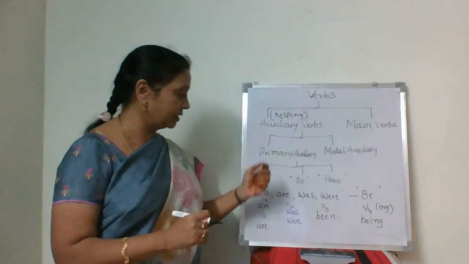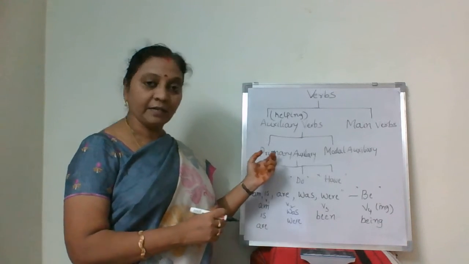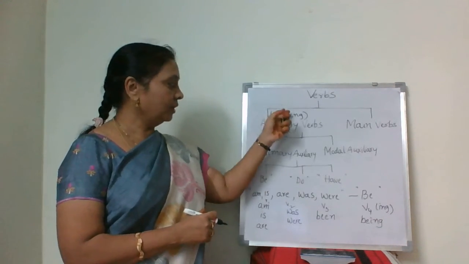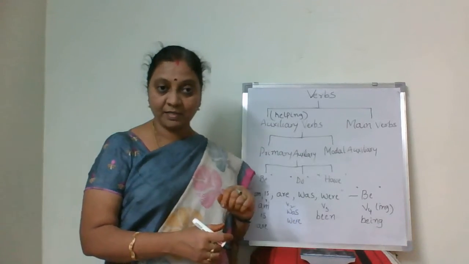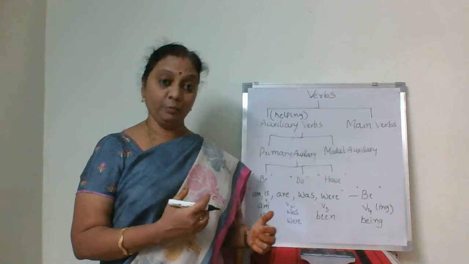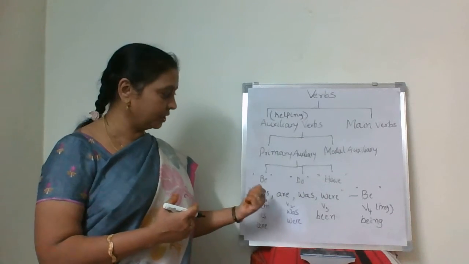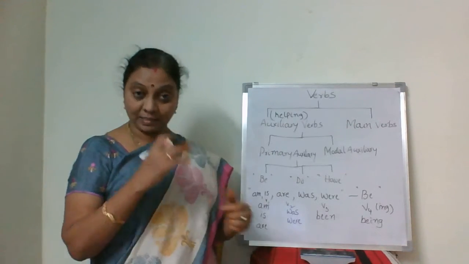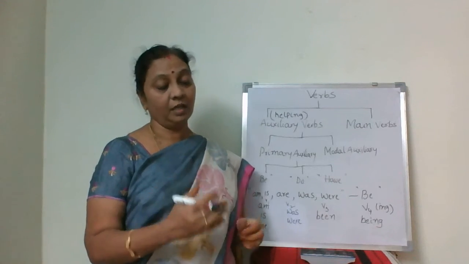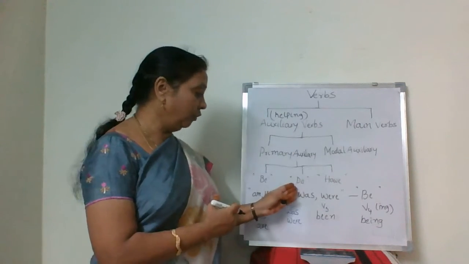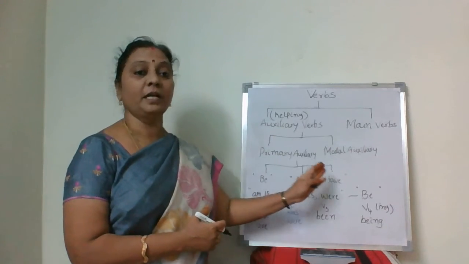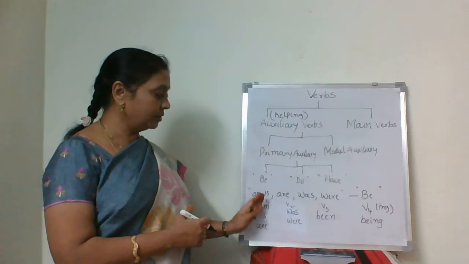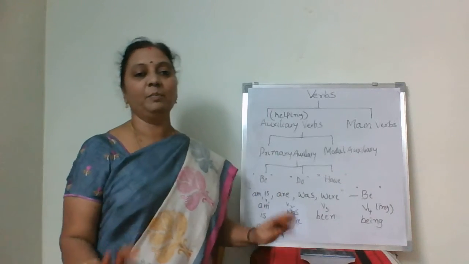Primary means chief or main auxiliary, because on one hand it is a helping verb, on the other hand it is a principal auxiliary. How do we use it? Now we just see. Primary auxiliaries are again divided into three: be forms, do forms and have forms. Today we discuss only be forms.